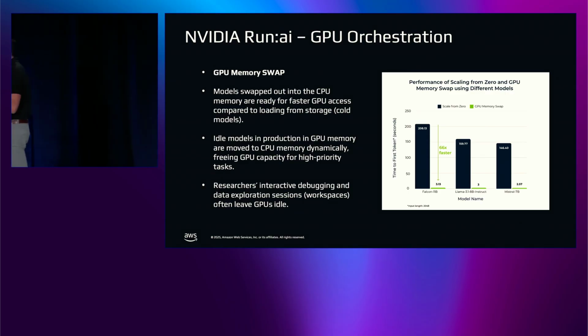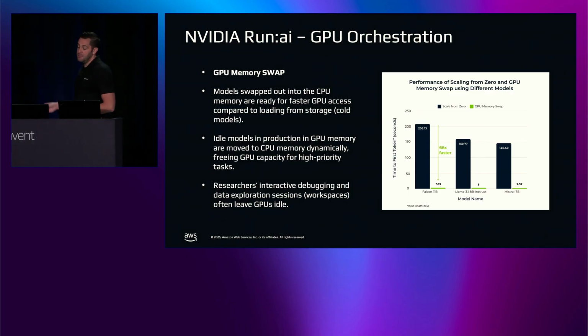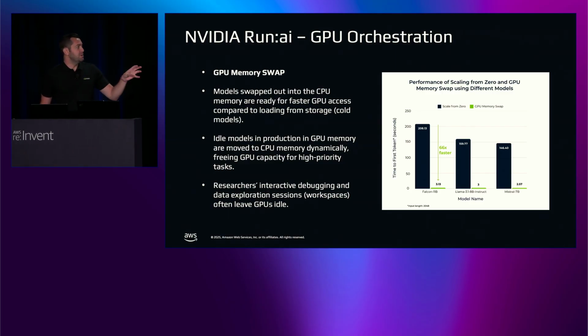So it's really cool technology that drives the best utilization and helps you cut down on those idle GPU times if you have a lot of inference processes being deployed on the GPUs that may not be called 24/7 or at the same time throughout the day.